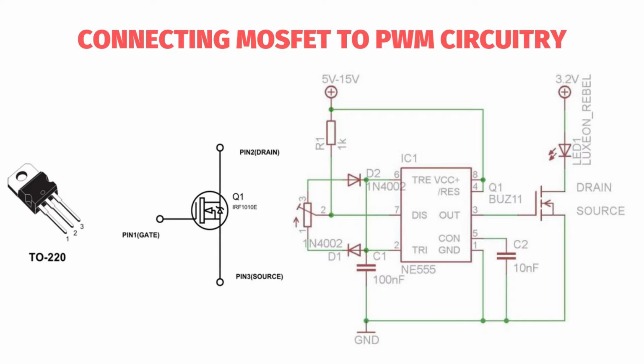The negative side of our LED is connected to the drain of the MOSFET, and the source is common with every ground that we are using in our electronic circuit. I know this is a little bit technical. This is the precise reason my blog post is there, so that you can see everything step by step how things are done.